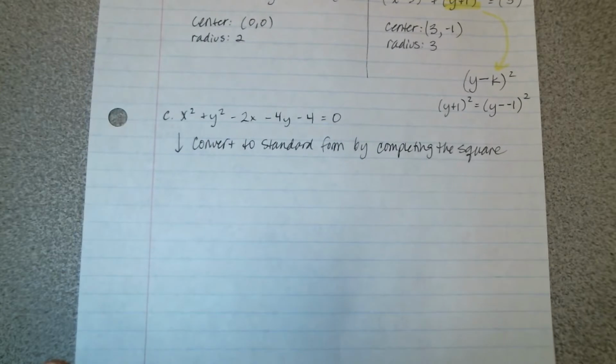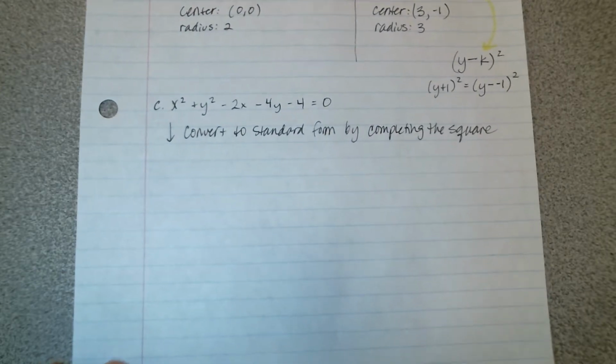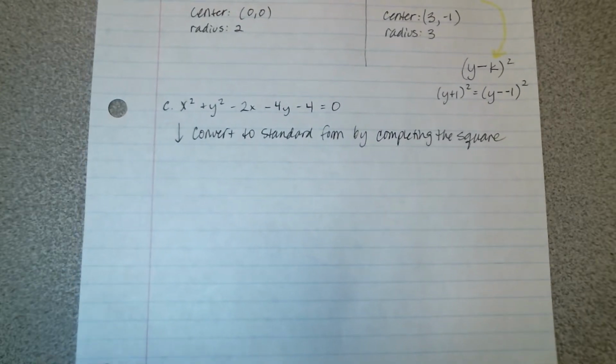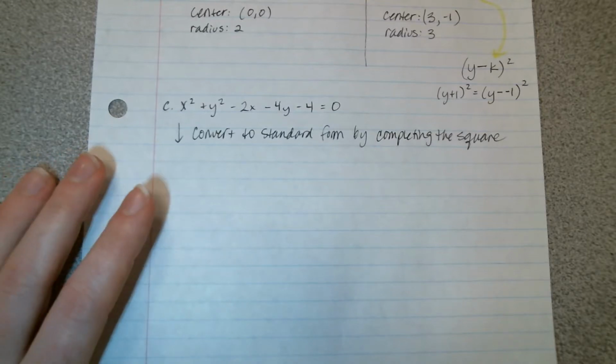And since we have x variables and y variables, we're actually going to need to complete the square for each of those separately. So what I'm going to do is rewrite my general form right now before I start completing the square. And the way that I rewrite this is to group up the x's, group up the y's, and leave spaces for me to complete the square.